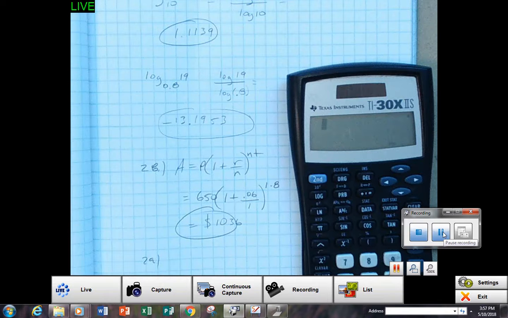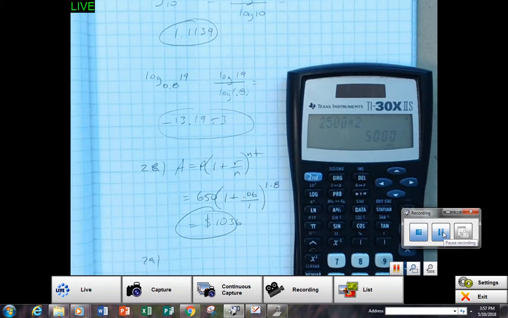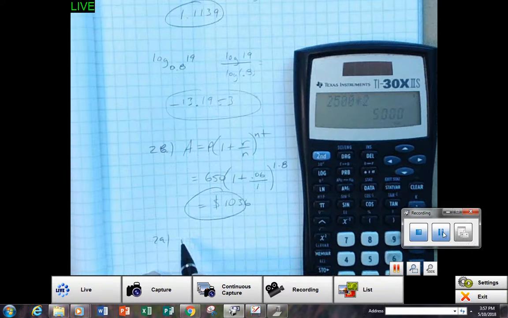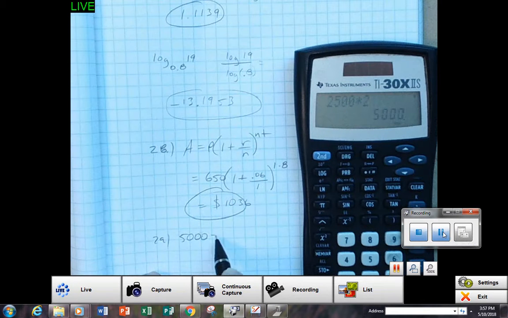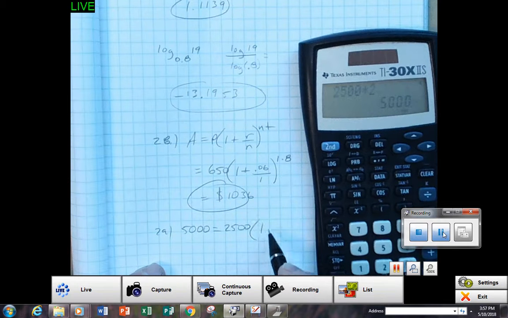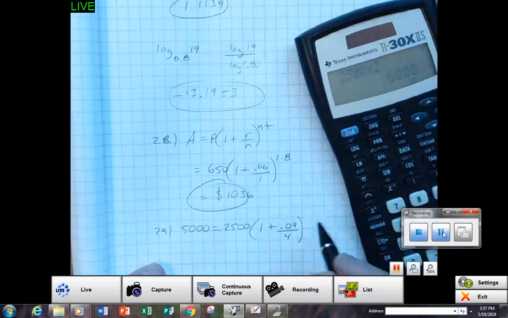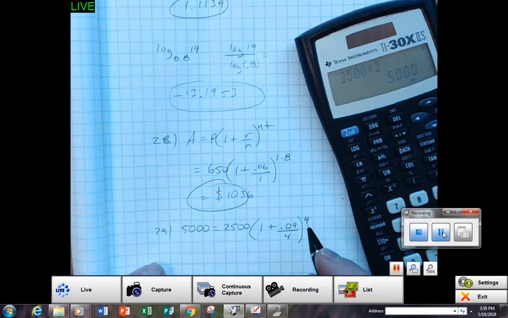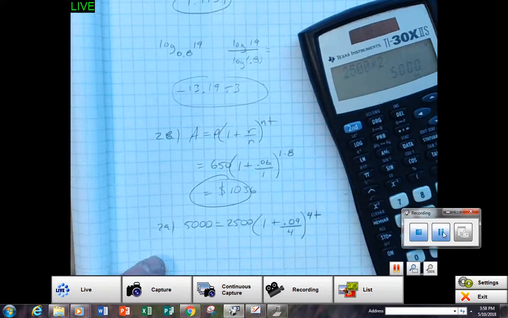So 2,500 times 2 means this is going to be 5,000, equals the amount of money I'm putting in, 2,500 times 1 plus the rate, which is 0.09, over quarterly, which is 4, to the 4t. So I'm solving that for t right there.